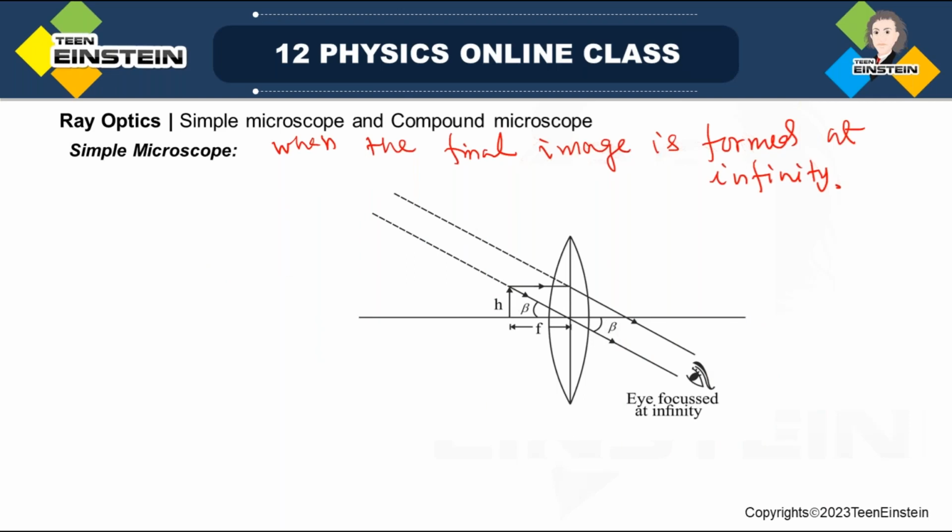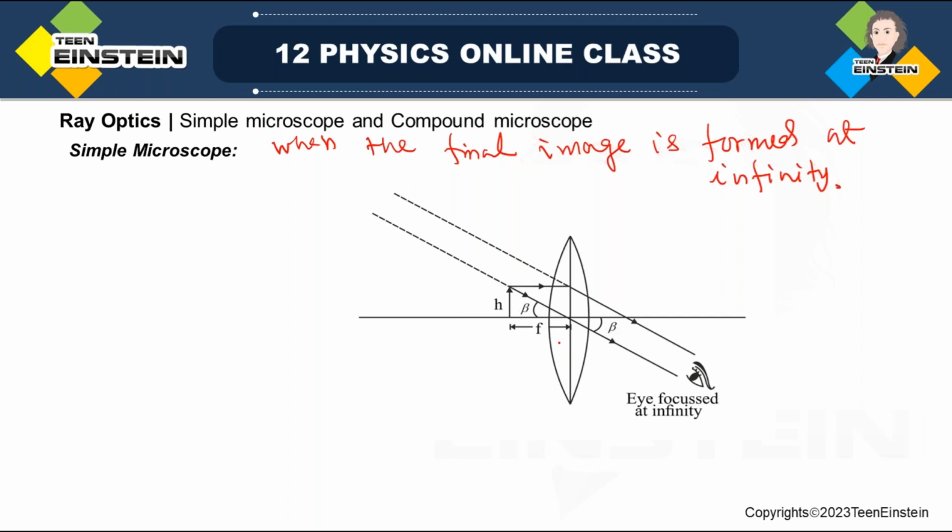Now, in this case, when the image is formed at infinity, I have shown you the figure itself. With a convex lens this is possible only when you keep the object at the focal length, or at the focus. If you keep it at the focus, then the image will be formed at infinity. Why do we do this?